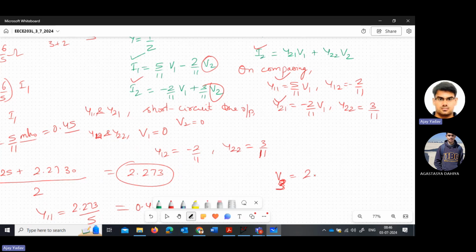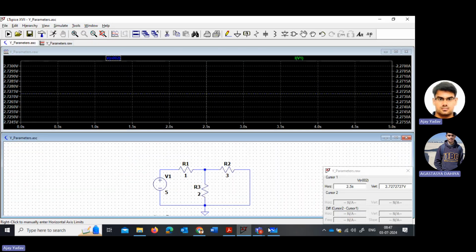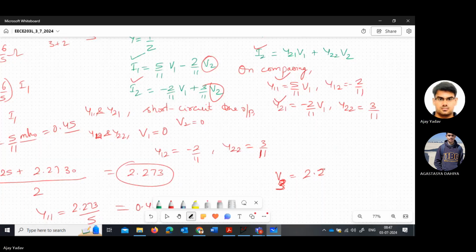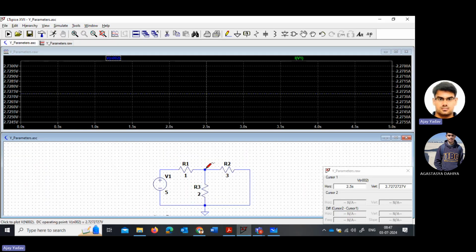V3 is 2.727. If you know the value of voltage, you can calculate the value of current. This voltage divided by this 3 ohm, then you will get the current in this branch, right?